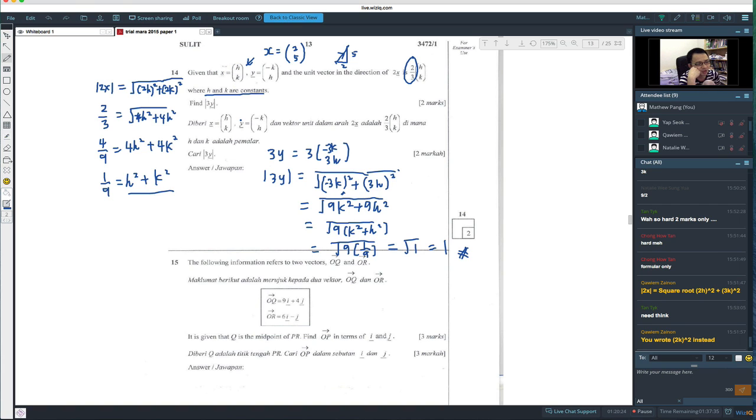It shouldn't be 3, what? Unit vector. Unit vector, that means 2 over 3 basically is the... Oh... I know why already.